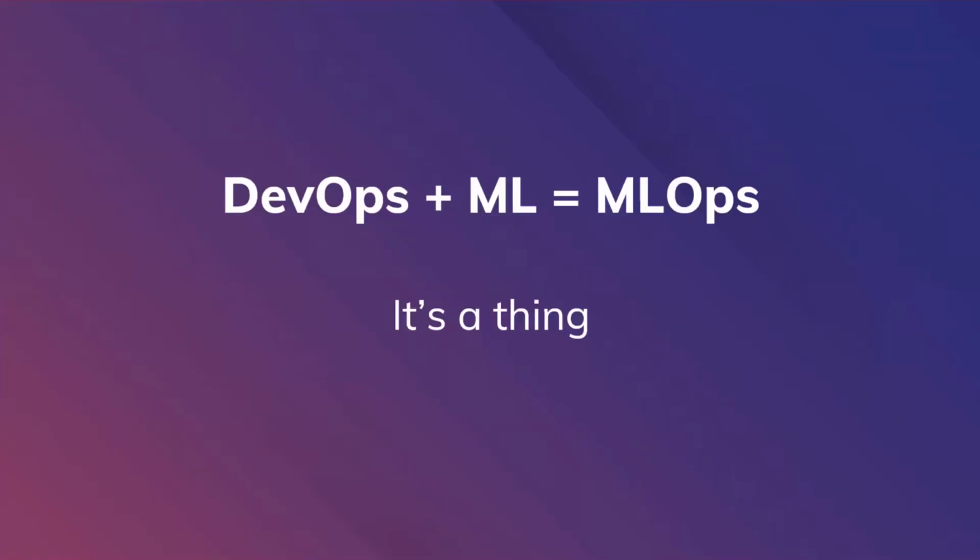All right, so we're going to talk about MLOps today, and yes, it is a thing. And I think all of you can understand, in theory at least, what it's all about. Of course, it branches off from DevOps, and it's just merging DevOps and machine learning together.